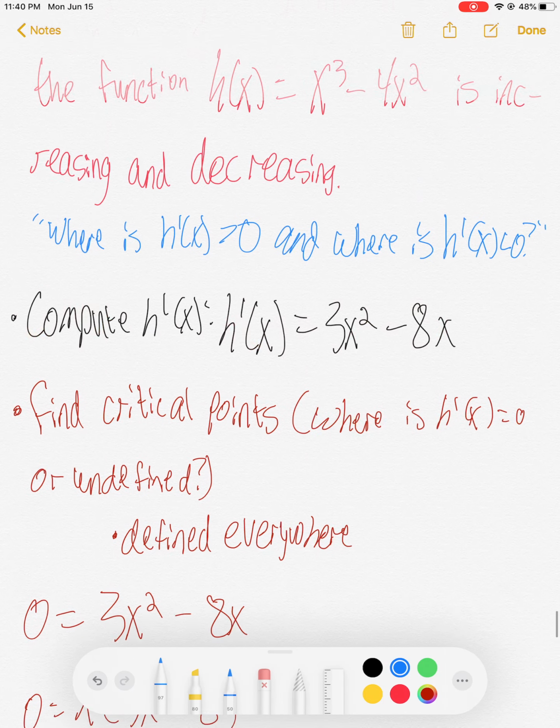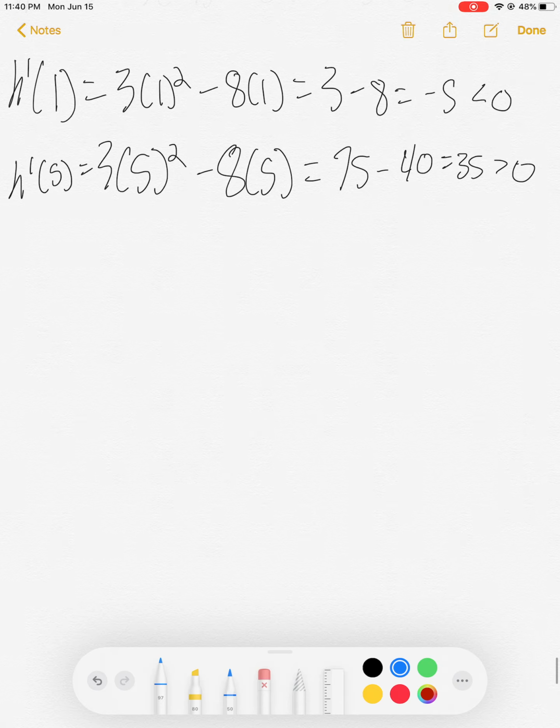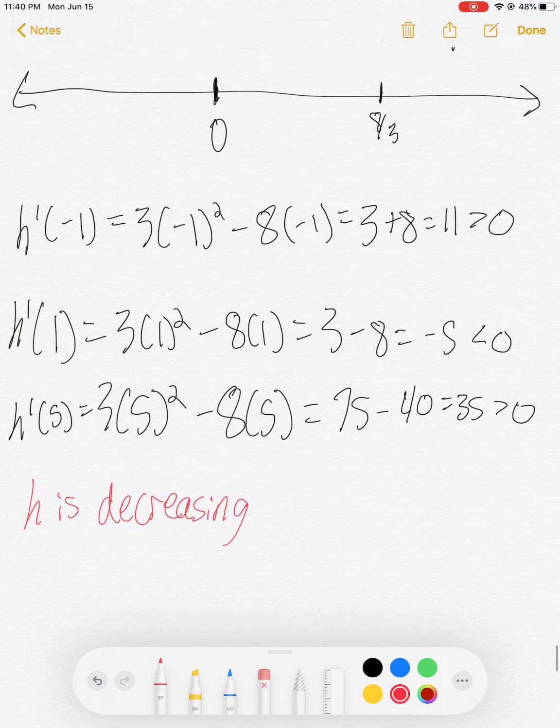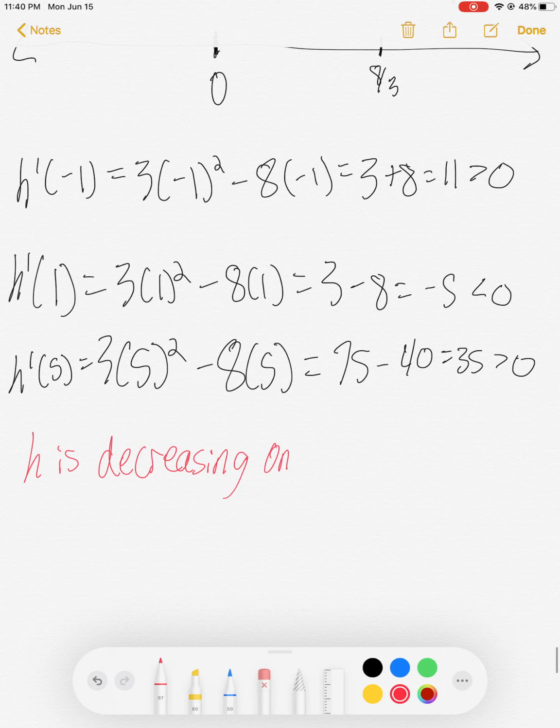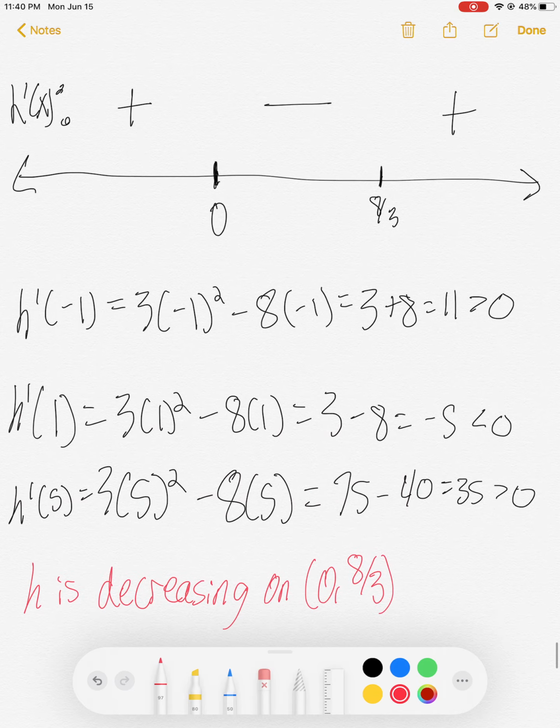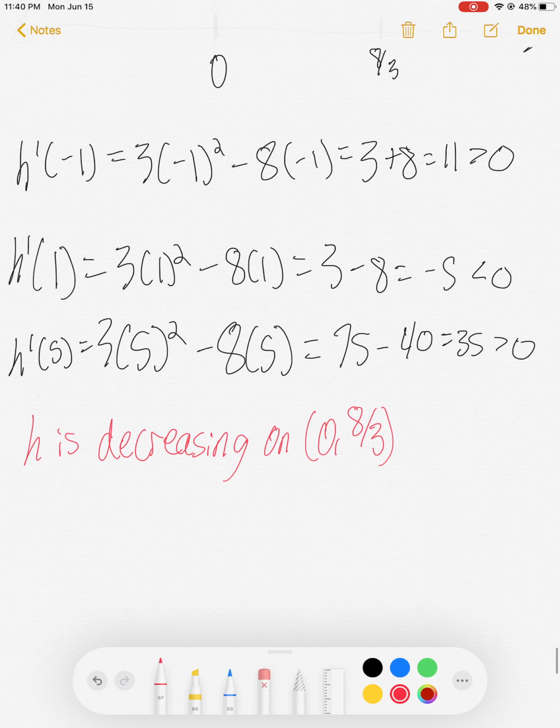So h prime of 5 is 3 times 5 squared minus 8 times 5. So that's 3 times 25, that's 75, minus 40, and that is 35, which is certainly bigger than 0. So the derivative is positive over this interval.